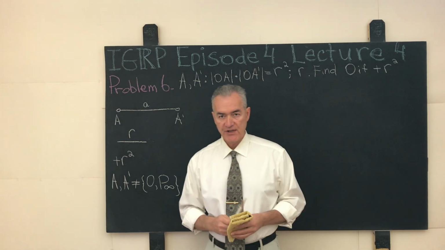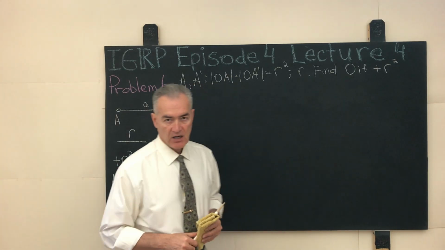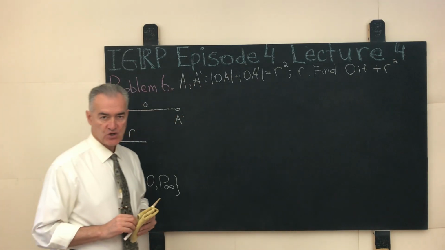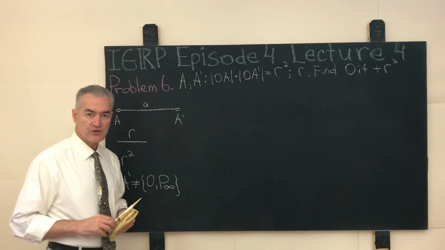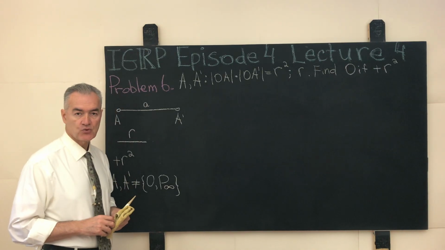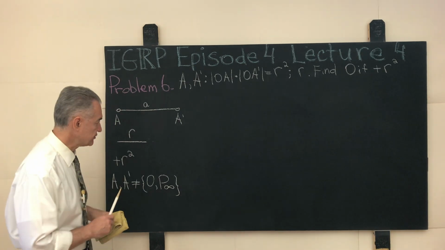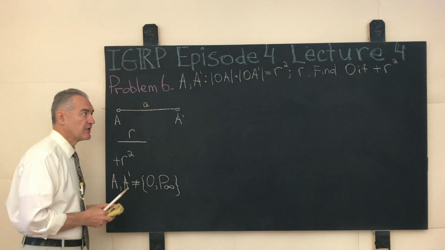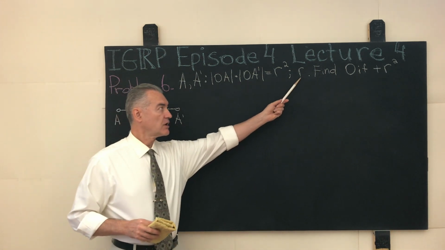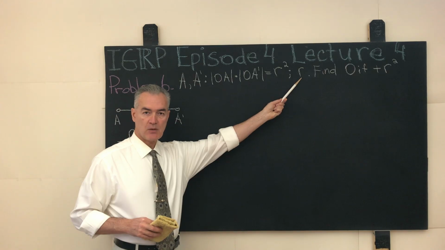We're also told that these two distinct points are the images of each other under the inversion of the parent plane with respect to a circle whose center is unknown and the length of whose radius r is given to us in this problem.